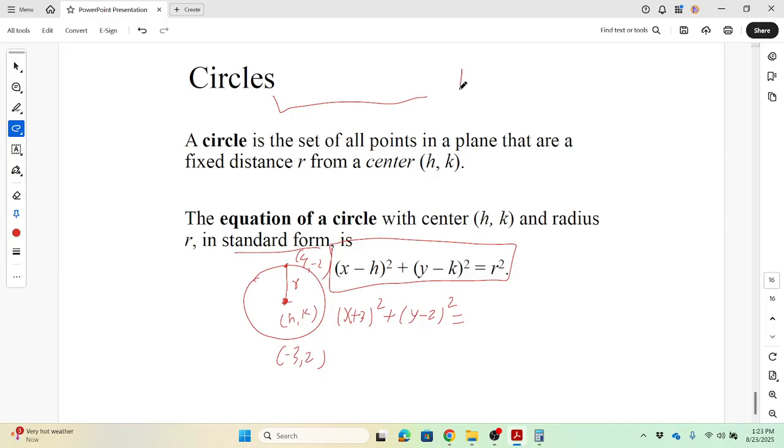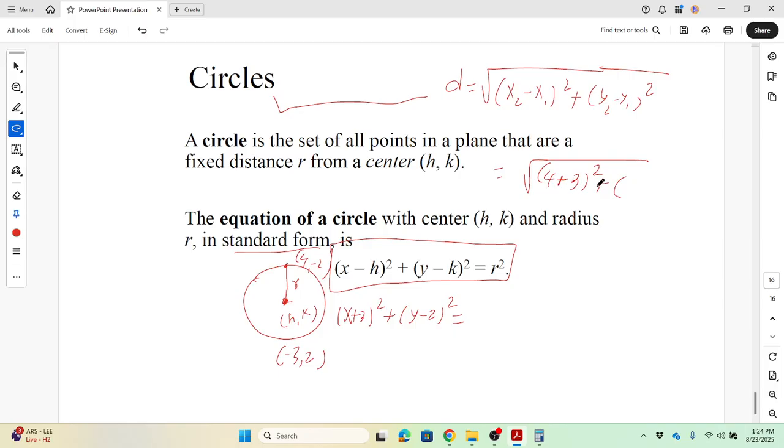So we need to use the distance formula, which is the square of the difference between the x coordinates plus the square of the difference between the y coordinates. So let's say this is our x2, y2 and this is our x1, y1. So x2 is 4 minus x1 is negative, so that negative and this negative from the formula becomes positive.